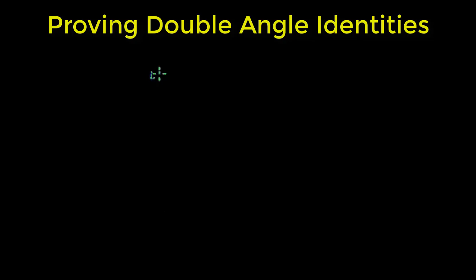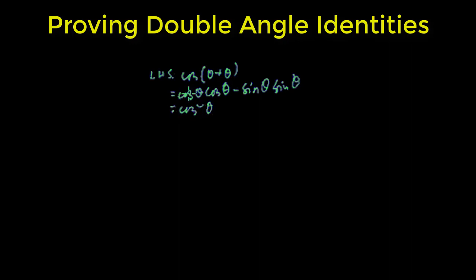So we will start with left hand side, which is cos 2 theta means cos theta plus theta, and we know the identity, it is cos cos minus sine sine. So we will write cos theta cos theta minus sine theta sine theta, and again we can write from here cos squared theta. Again, this is not cos theta squared, it is cos squared theta minus sine squared theta.